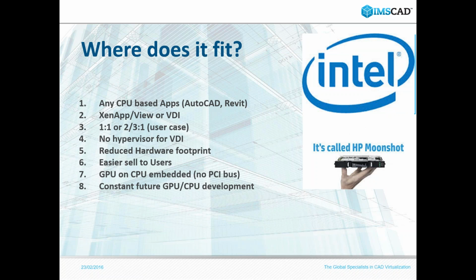And I think the next question is, where does it really fit? So it's okay having this great performance, but where does it actually fit? And as I mentioned, for me and for us at IMS CAD, it's the CPU-based apps that really can work well on the Intel HP solution. And there's a lot of AutoCAD and Revit users out there.